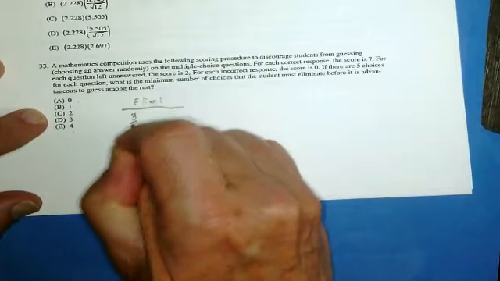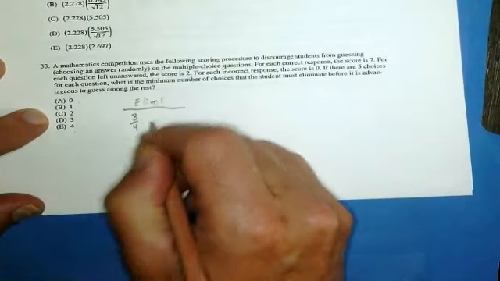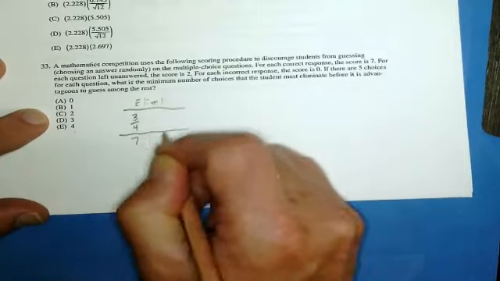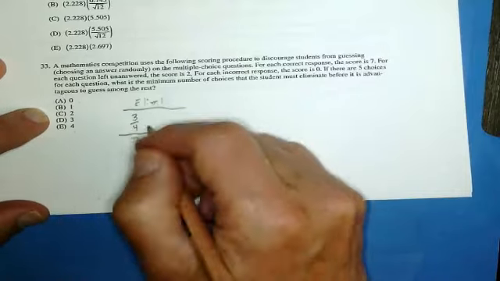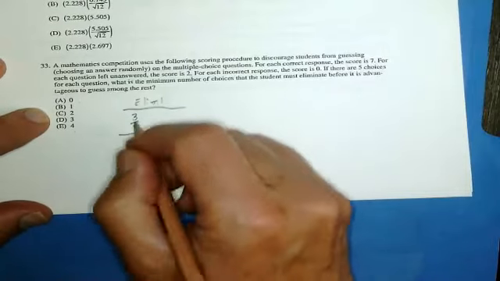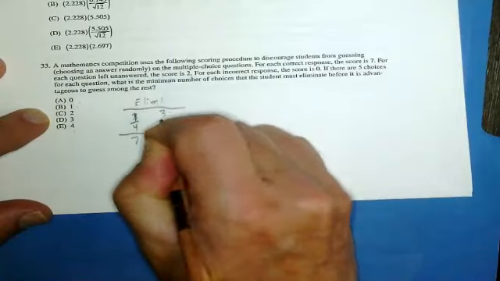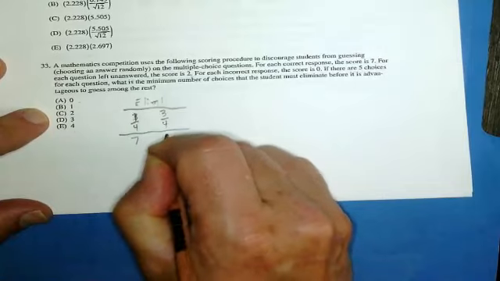So you have a 1/4 chance of getting it right and a 3/4 chance of getting it wrong, and you get 0 points.